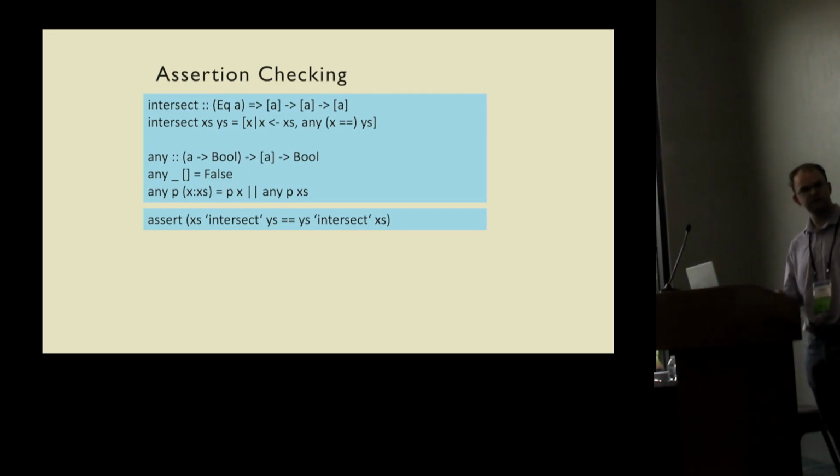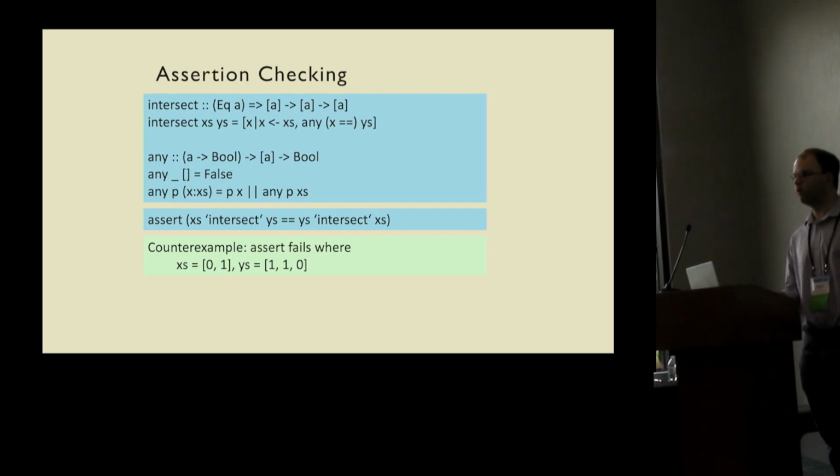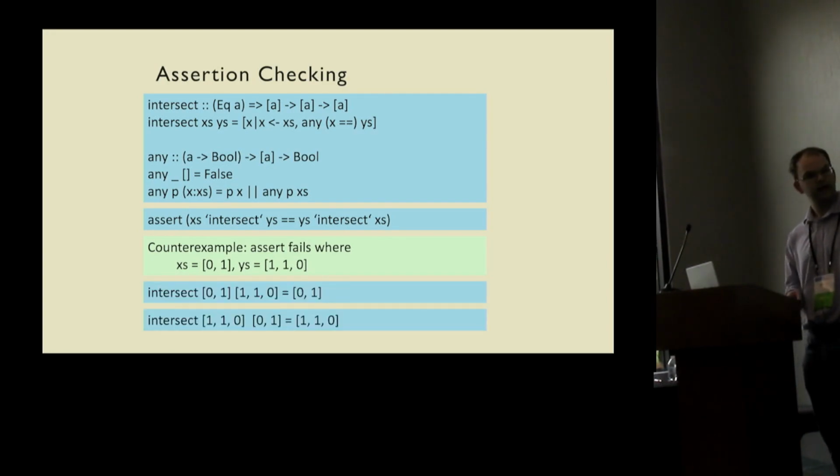And if I do this, symbolic execution is actually going to find a counterexample when xs is equal to 0, 1, and ys is equal to 1, 1, 0. That's because the intersect function is defined here as preserving the ordering of elements in the first list and the number of times an element occurs in the first list. And so you actually don't get exactly commutative behavior.